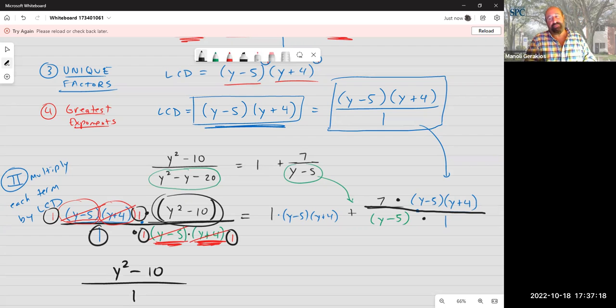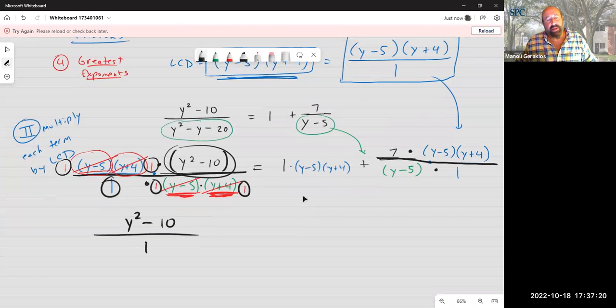Beautiful. This is what we want. That's why we're doing this, to make the fractions go away. Because in the very next step, if I stay on this term, y squared minus 10 over 1 goes away. You're done. There's the end of fractions on the whole left side of this equation.